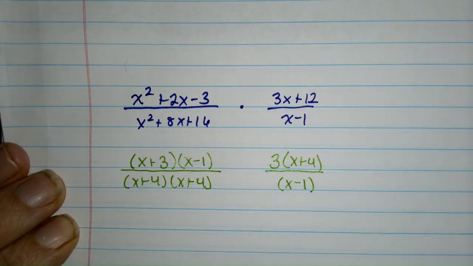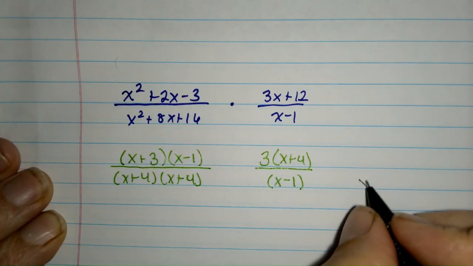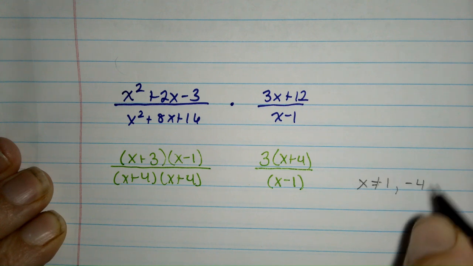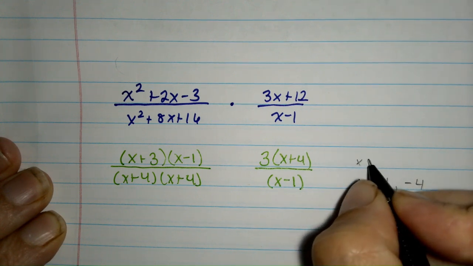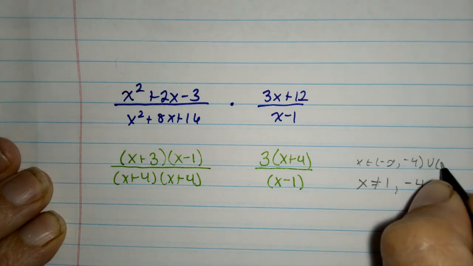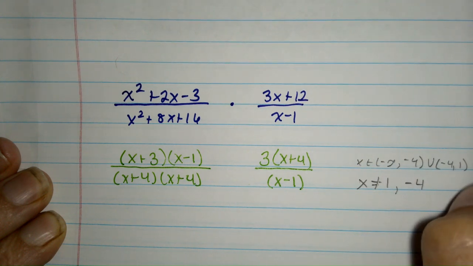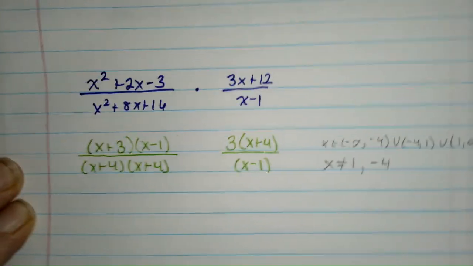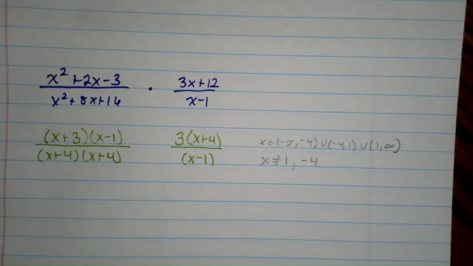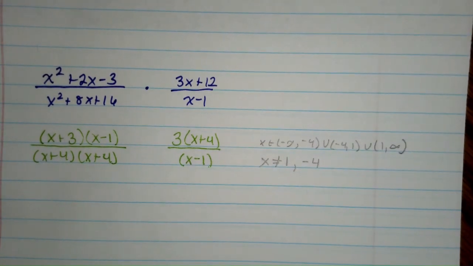So we can see right here that x cannot be 1 or negative 4. So the domain is negative infinity to negative 4, or negative 4 to 1, or 1 to infinity. But the bigger thing is when we multiply fractions, we're really just multiplying the top and multiplying the bottom.